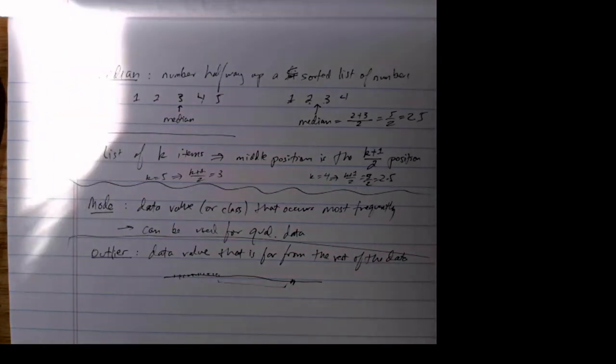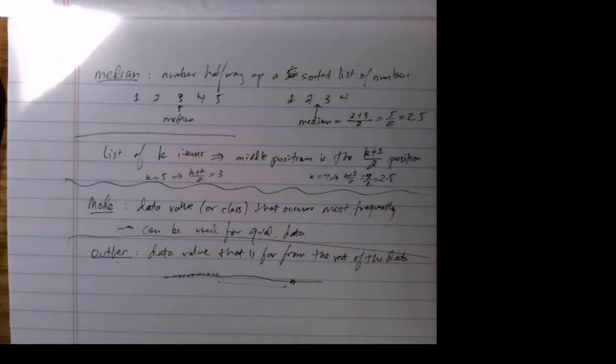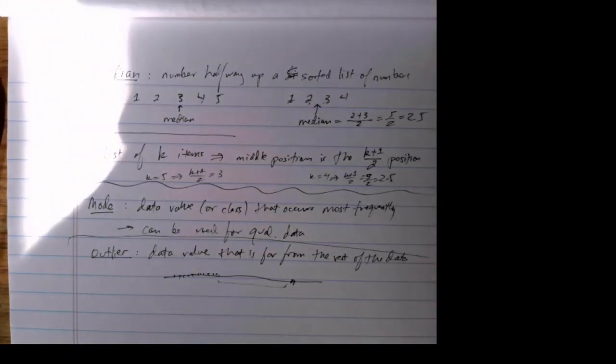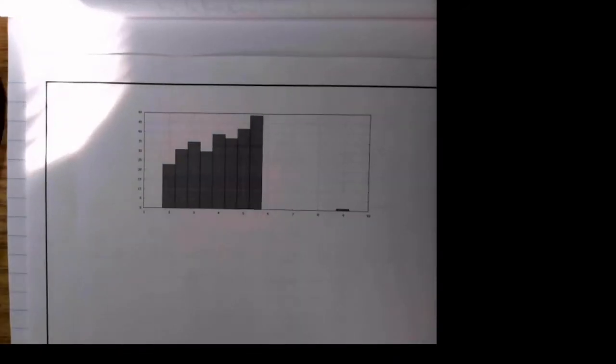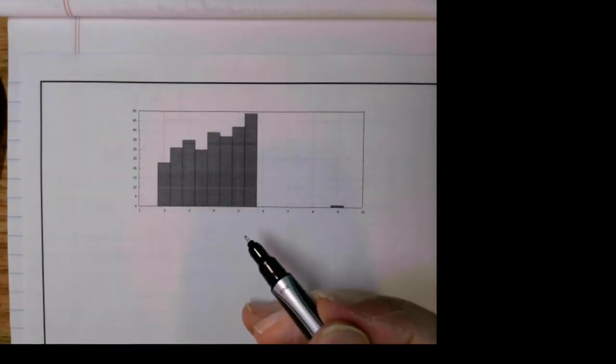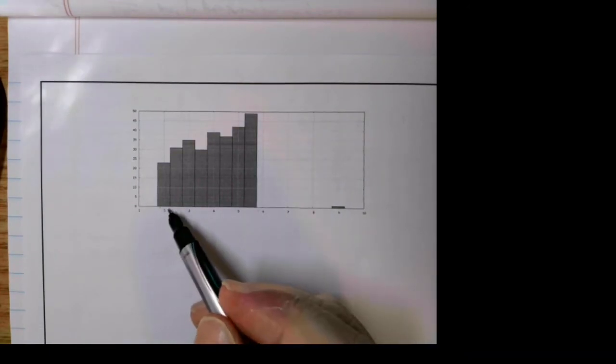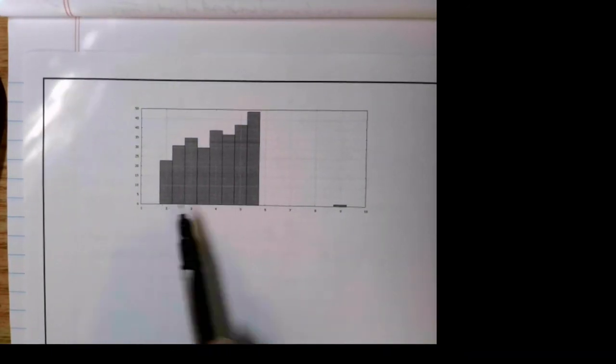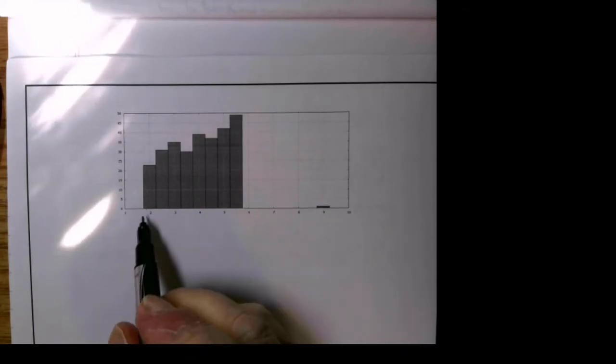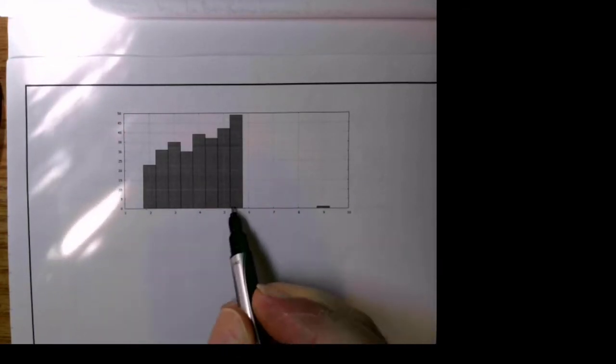If you were to look at a histogram, and I happen to have one right here, for this kind of thing, you can see here the data values that occur along here. There are lots of them.